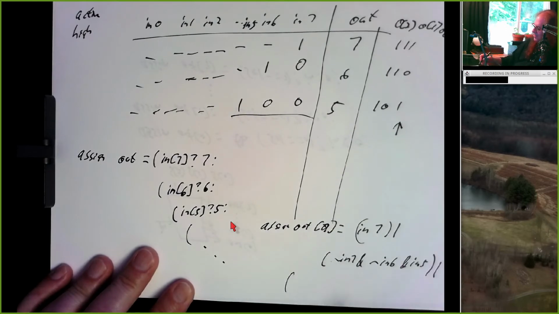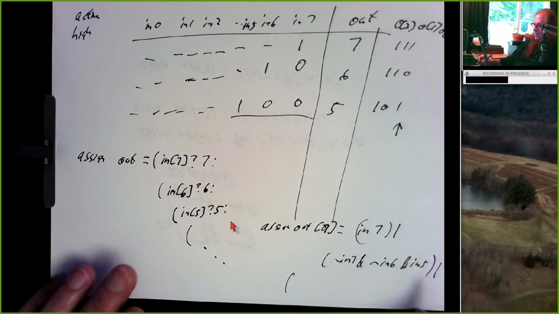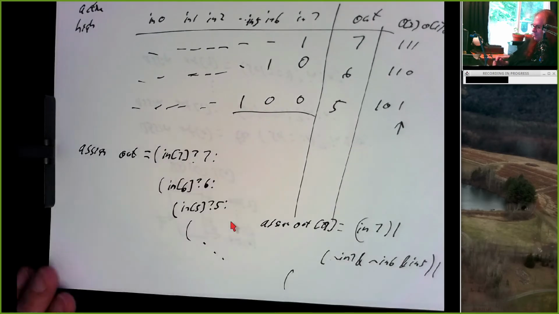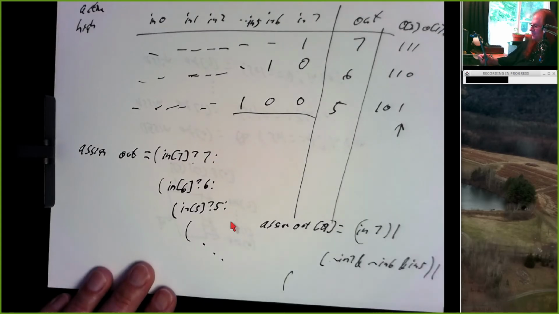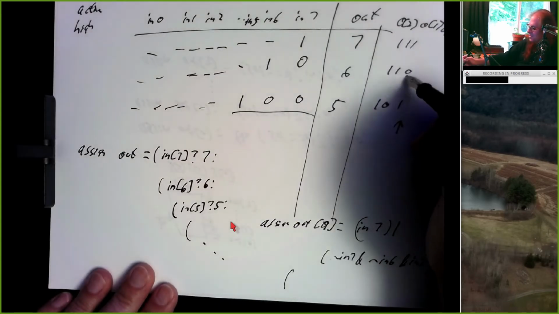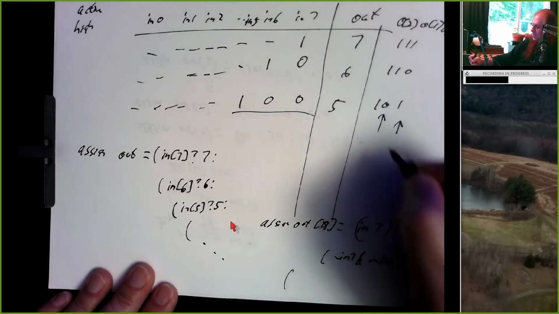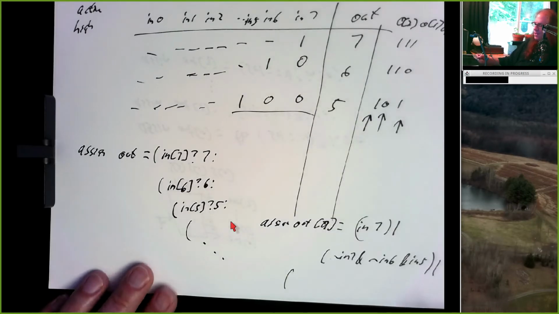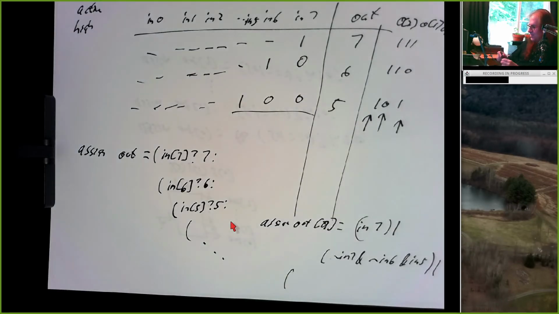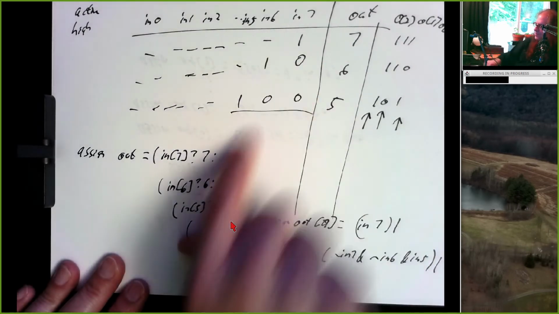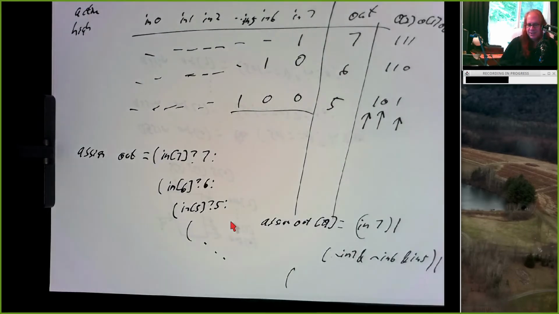Or not in 7, not in 6, not in 5, not in 4, and in 3. Or not blah, blah, blah, or in 1. And basically write out the conditions under which you want this least significant bit to be a 1. And then do the same thing for out bracket 1, and then do the same thing for out bracket 2. And out bracket 2 is a simpler expression. It's going to be equal to 1 if these 4 bits are all 0. Then you're guaranteed this bit's going to be a 1. So that's a way to look at the truth table and do something more directly from the truth table bits.